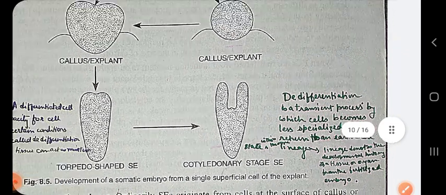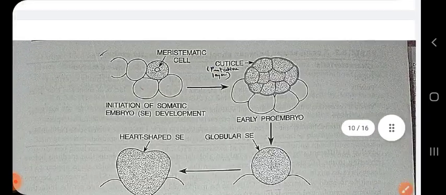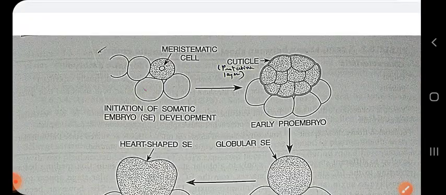So, simply, the meristematic cell mass breaks their cytoplasmic connections with the other cells and forms cutinization, where a cuticle made of cutin forms, and the cells become a clump, a group of cells.